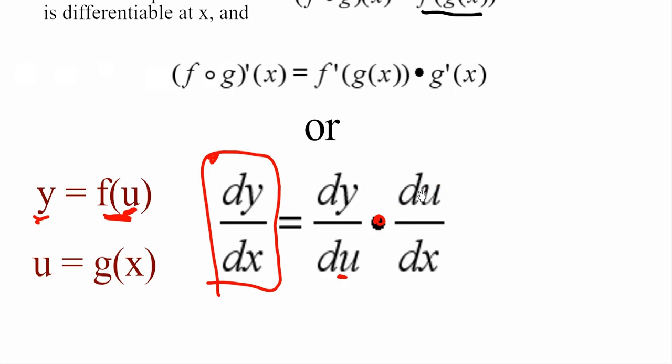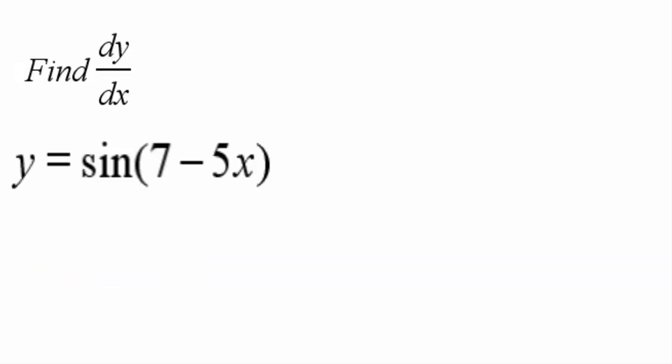So to help us understand that, we have to understand what a composite function looks like and what we're dealing with here. Let's try some of these. I have y equals sine of 7 minus 5x. We see a lot of problems like this, a lot of trig functions, and we're going to use composite functions. Here we have an outside function, y of u.